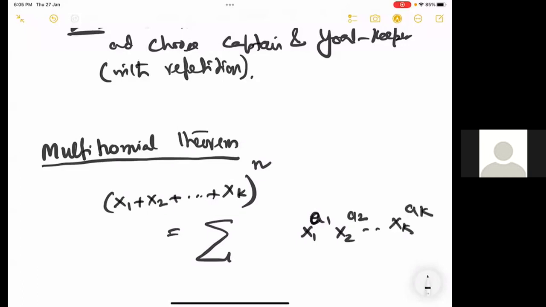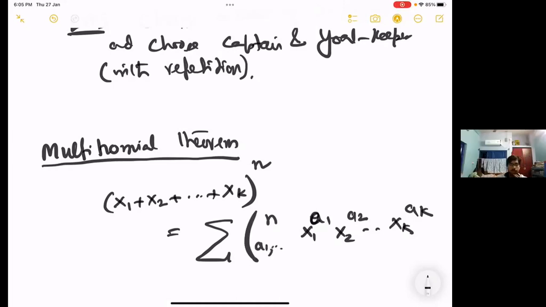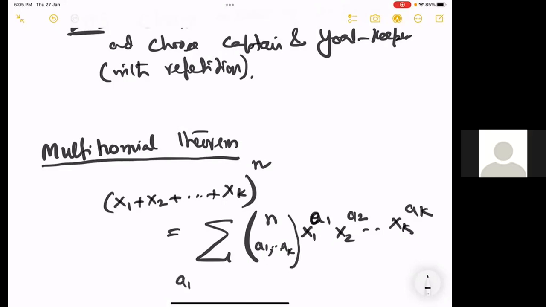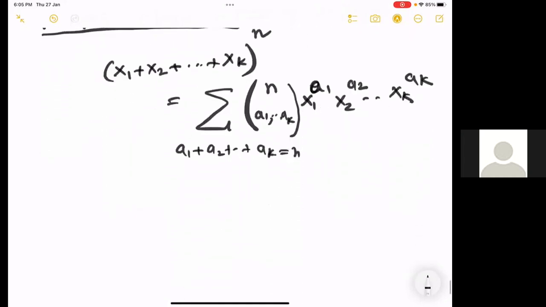What is the coefficient of this monomial, you think? n factorial by a1 factorial, a2 factorial, and so on. So symbolically I write n choose a1, a2, up to ak, where a1 plus a2 plus up to ak equals n. And what is the meaning of this notation?